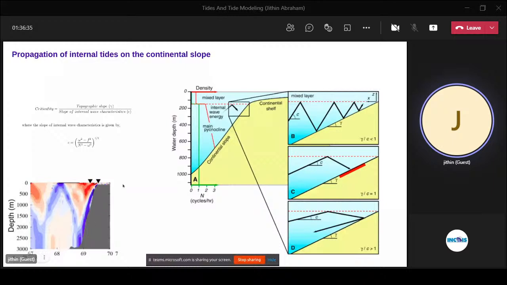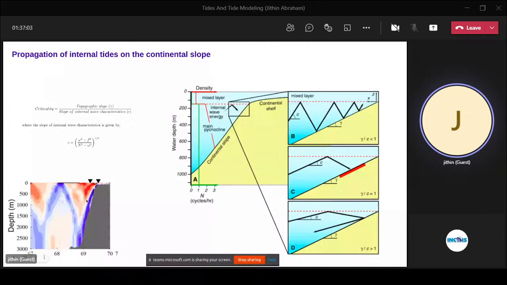When it reaches the bottom, it reflects back to the surface, and from the surface it reflects back to the bottom. These reflections and beam-like propagations can be seen mostly near the generation sites, where the higher vertical modes of internal tides are larger.